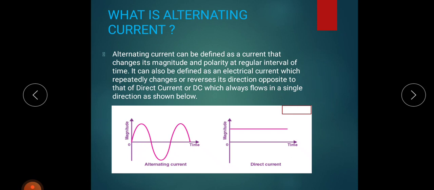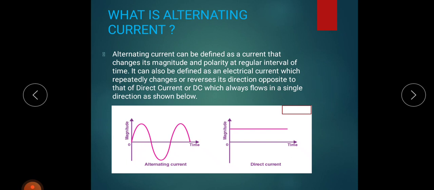It can also be defined as an electric current which repeatedly changes or reverses its direction, opposite to that of the direct current or DC, which always flows in a single direction, as shown in this below diagram. Here the second diagram indicates the flow of direct current.